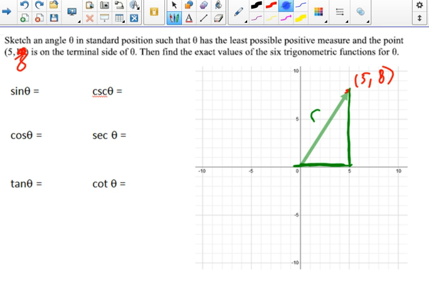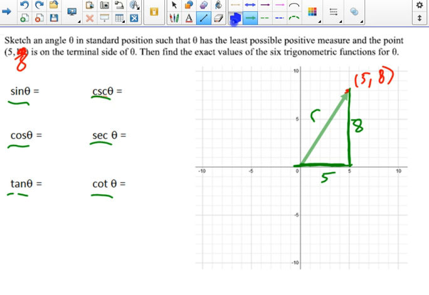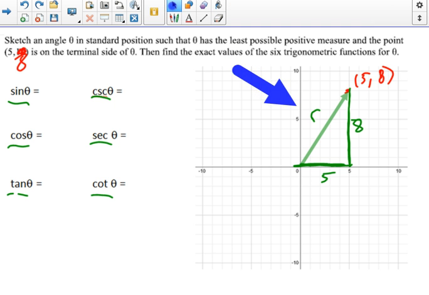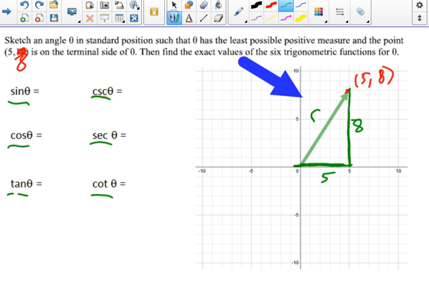Of course, your x value is 5 and your y value is 8. If we're going to find the sine, cosine, tangent, cosecant, secant, and cotangent, somewhere in there we're going to need the one thing that we don't have, which is the r. We have an x and a y, which means we have the legs of this right triangle. So first thing we're going to do is find r.